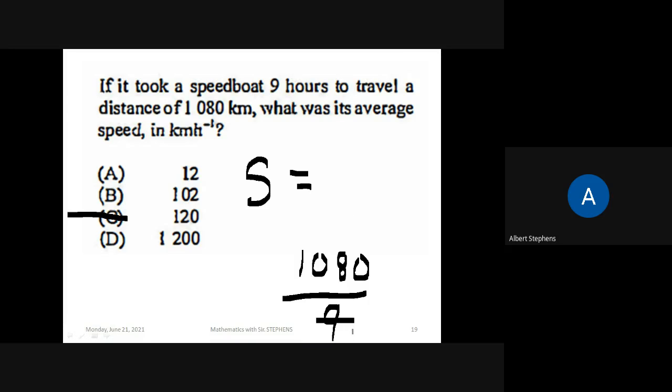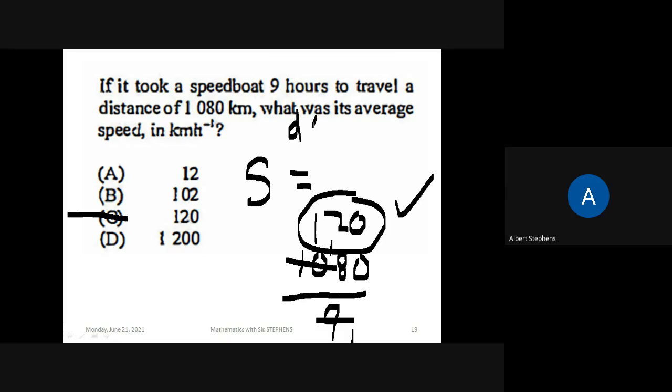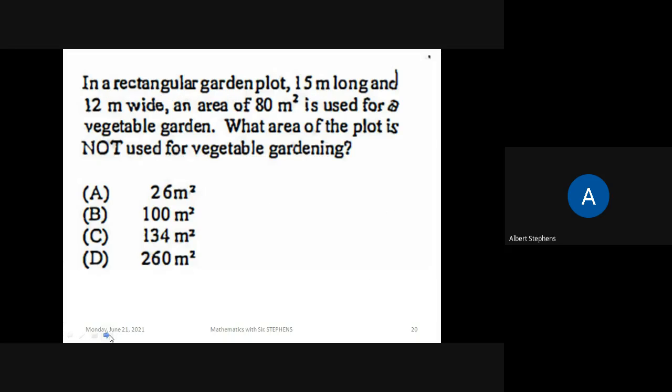And you're done. It's just for you to remember that speed is equal to distance traveled divided by time. All right.